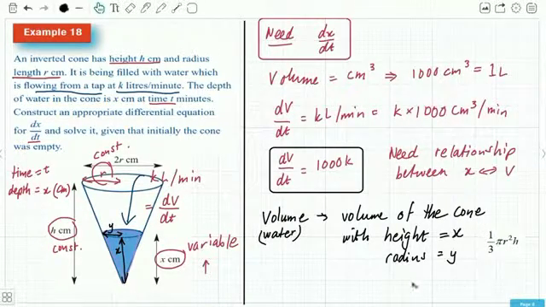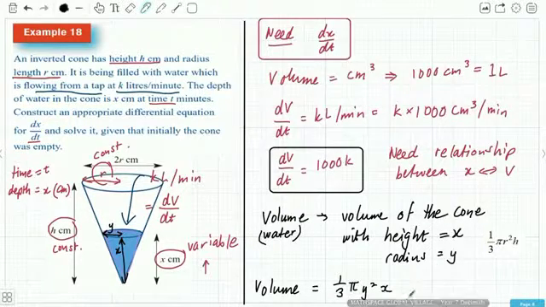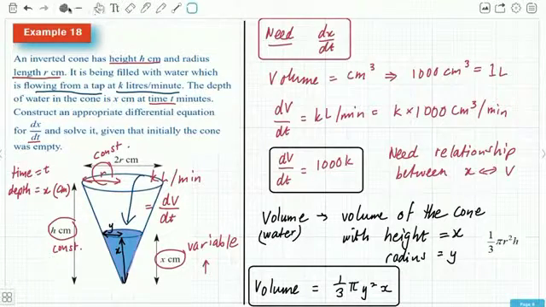So if we use that formula, we're going to have our volume equals 1/3 pi, r squared is y squared, and h is the height, which is x. Awesome. So we've got a relationship now between V and x. The problem with this relationship, however, which is a bit sad, is that you've also got another variable in there, and that variable is y.